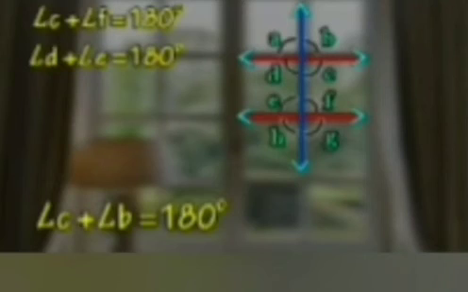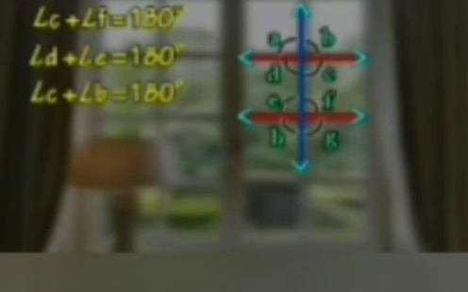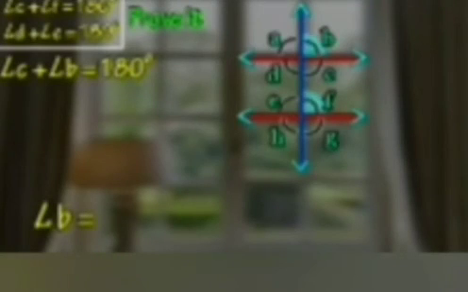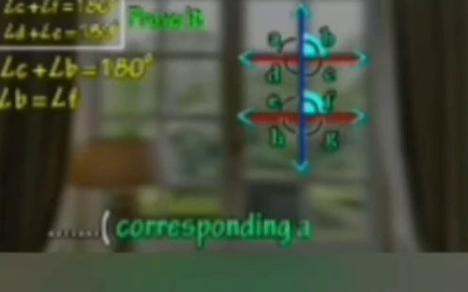So here you can see the highlighted ones, they are forming a linear pair, and hence the corresponding angles are shown equal.